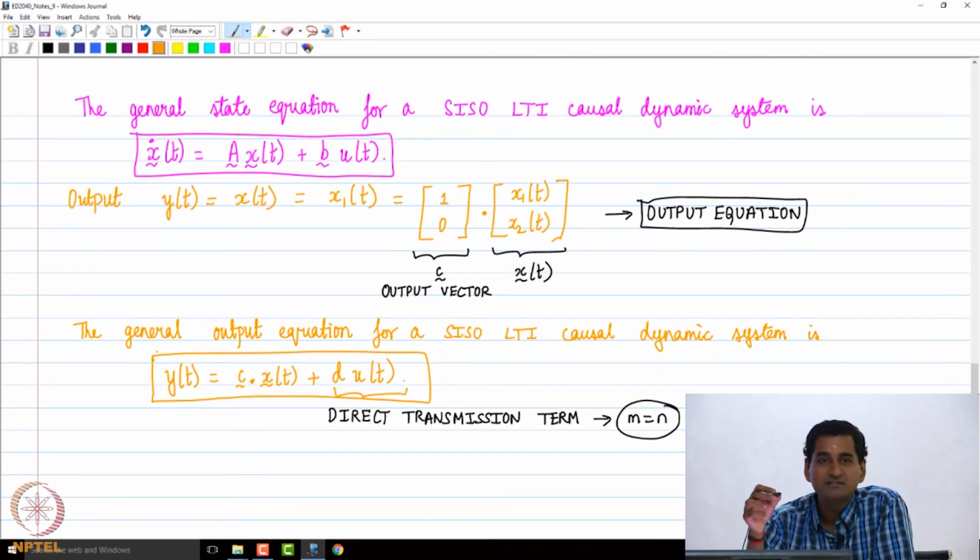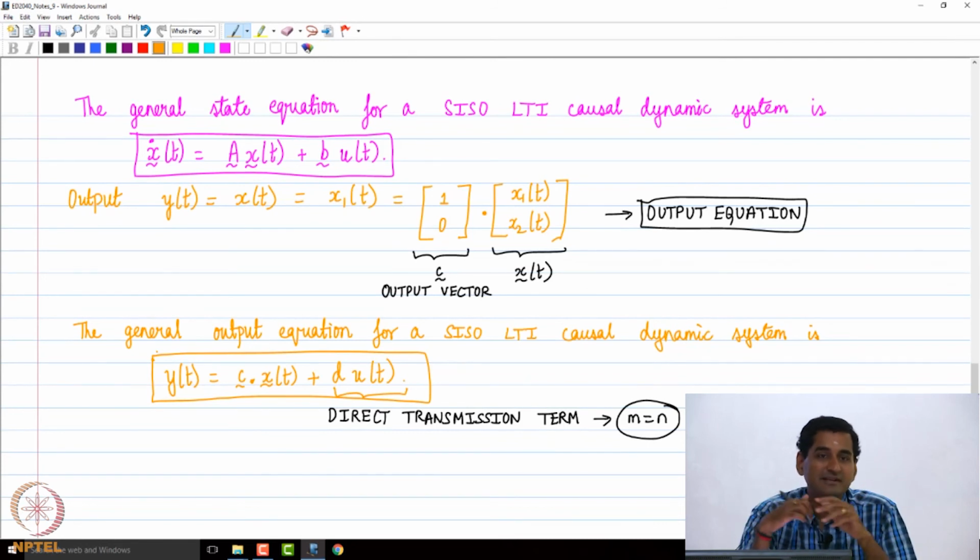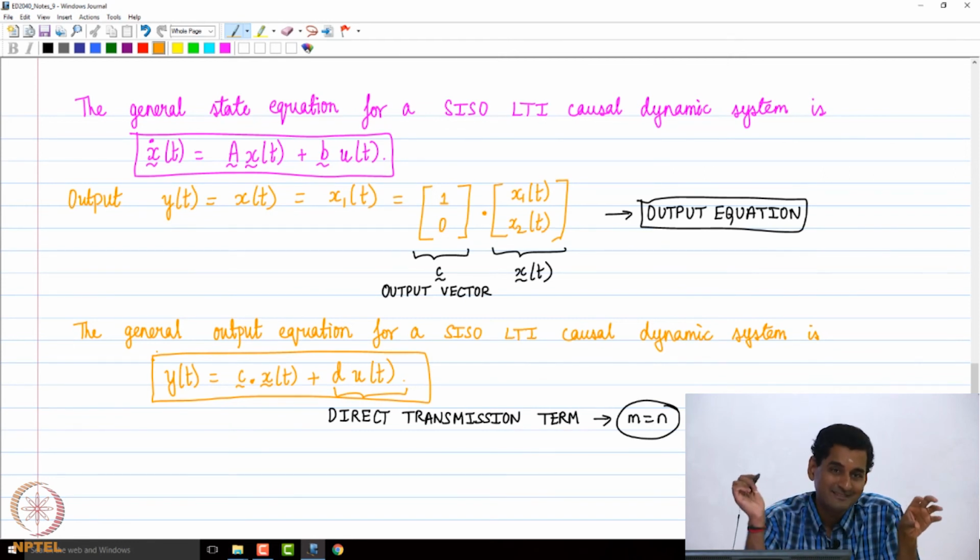See, what's going to happen is that if you have m equals n, think about the transfer function approach, right? We did not do any case where m is equal to n yet, all right? But let's say m were equal to n for a transfer function, what do you think will happen? When you take the partial fraction expansion and inverse Laplace transform, you will have one constant which will come in.